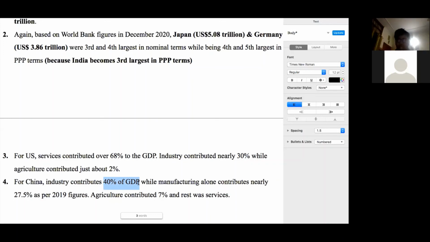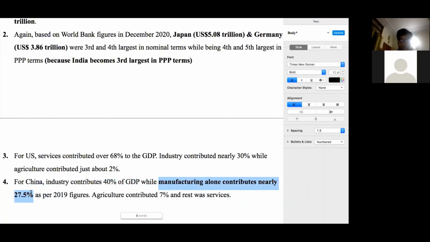I'm not going to go into these figures, you don't need to remember that, it's very confusing. But if you want, you can search for it. You can just say that nearly 40% of China's GDP is contributed by industry, but manufacturing alone contributes nearly 27.5%. So you can imagine, China has an economy of 14 point something trillion in nominal terms, and it contributes nearly that.